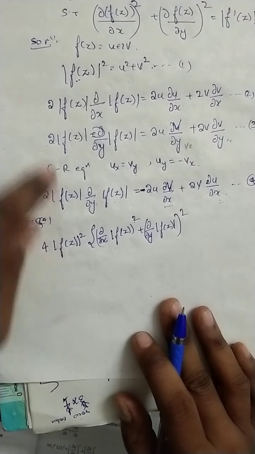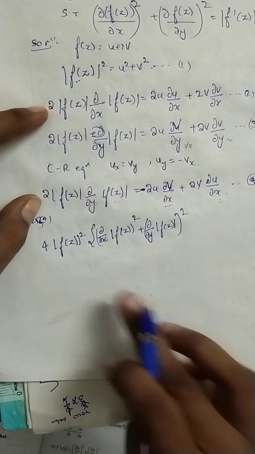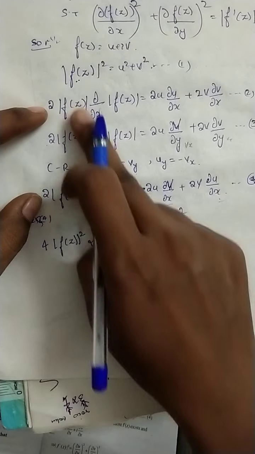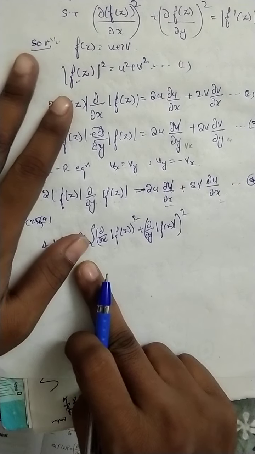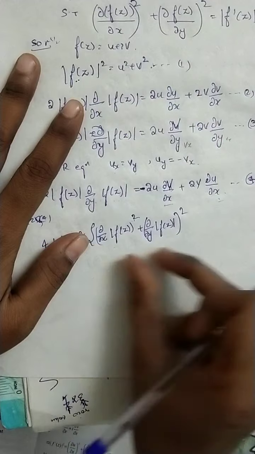Okay, means if you take these two equations, 2 square will be 4 and f of z the whole square will be common. So only these two parts you have to write square and square.